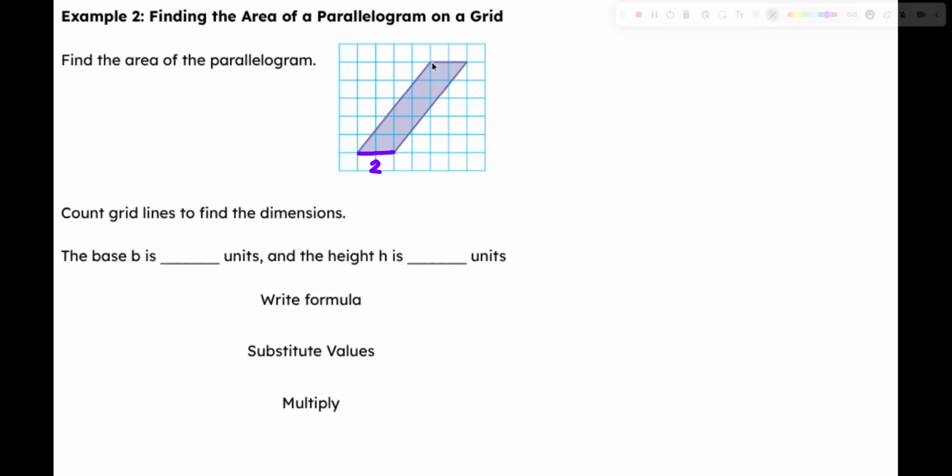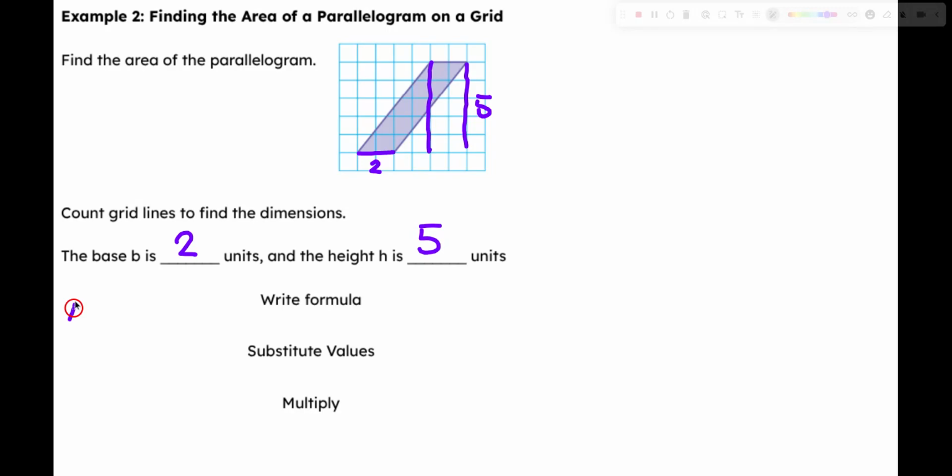The height, because we're going from the very top to the bottom, we have to go from here: 1, 2, 3, 4, 5. We also could have chosen from here. So we get 1, 2, 3, 4, 5. So the height is 5. The base is 2 units, the height is 5 units.